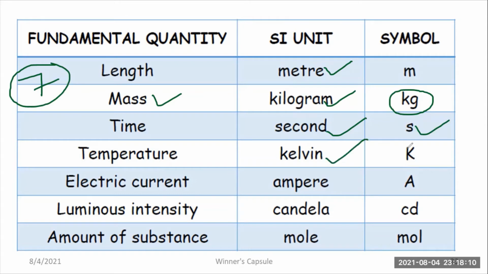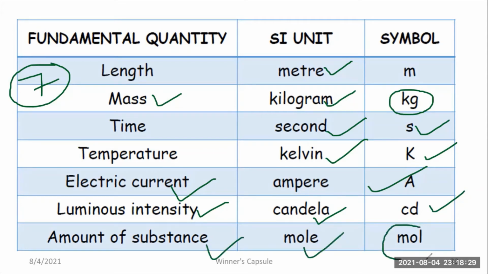Temperature is Kelvin, denoted by the letter K. Electric current is ampere, denoted by capital A. Luminous intensity has the SI unit candela, represented as cd. The amount of substance is in mole, represented as mol. For example, for length you will be using meter, and you are supposed to use small letter m. So these are the fundamental units.